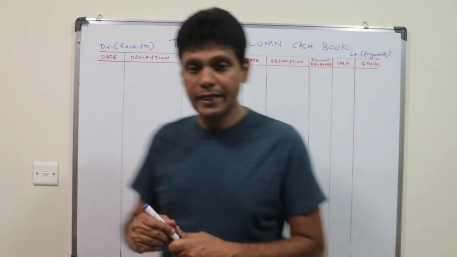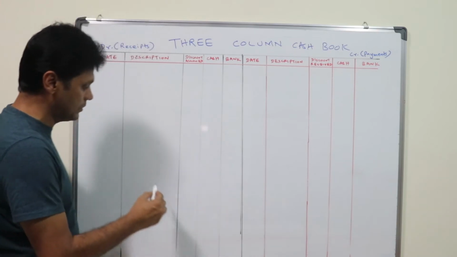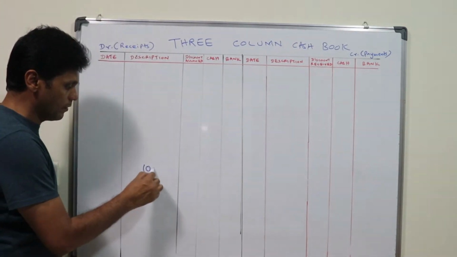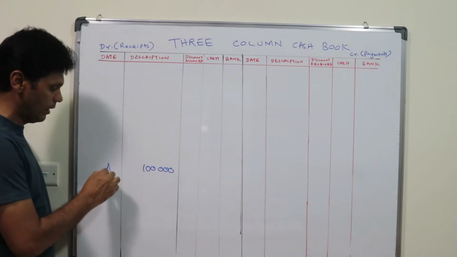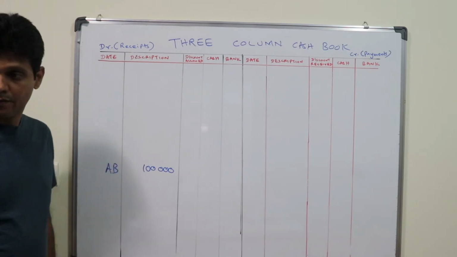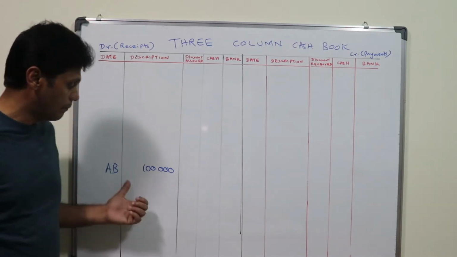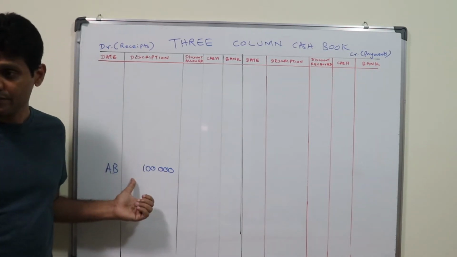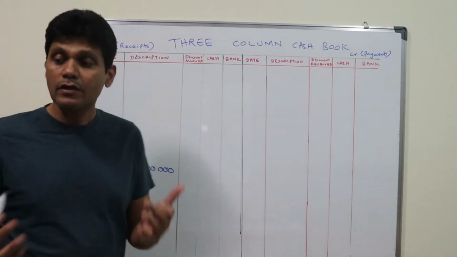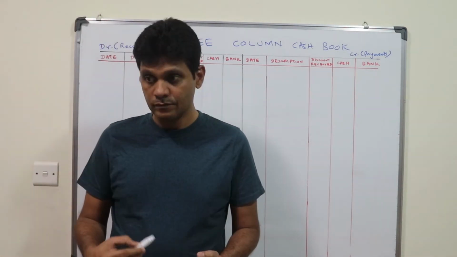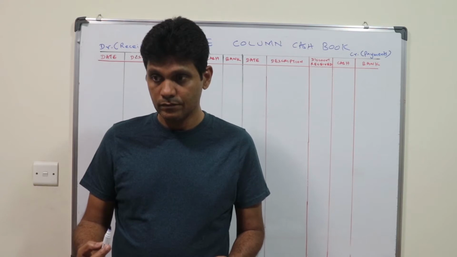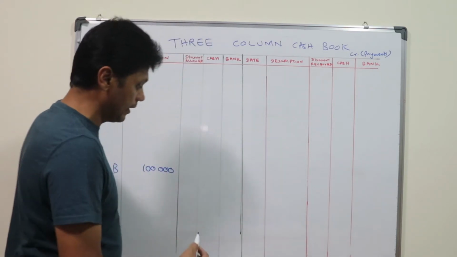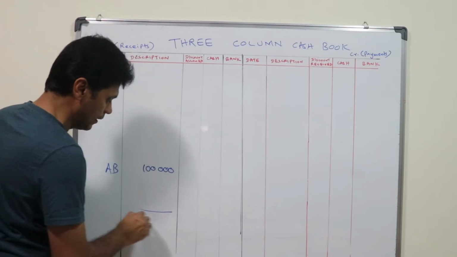For example, let's say you have purchased 100,000 worth of goods on credit from AB company. When you purchase something on credit, how do you record it? The creditor's account will be credited.